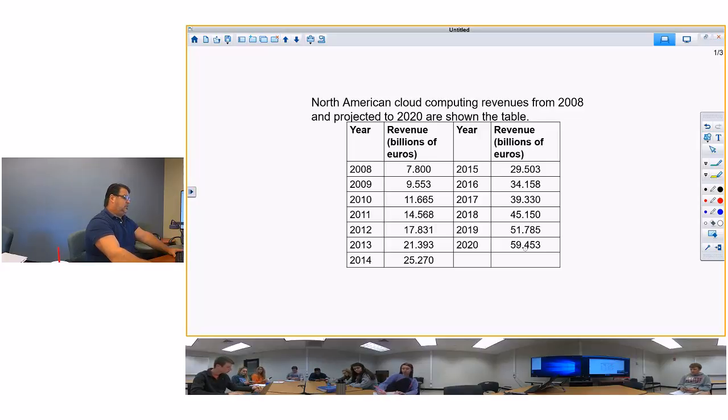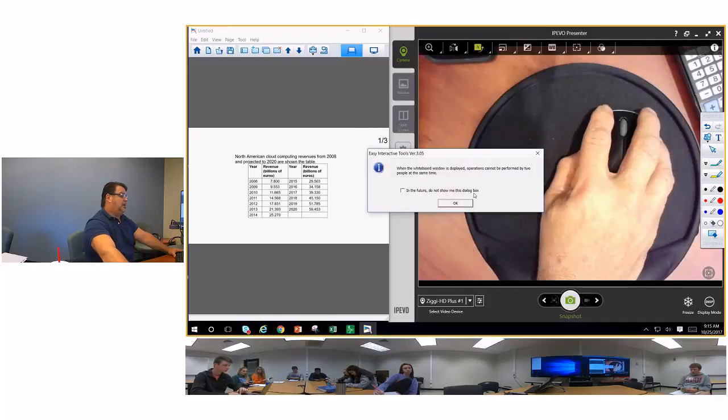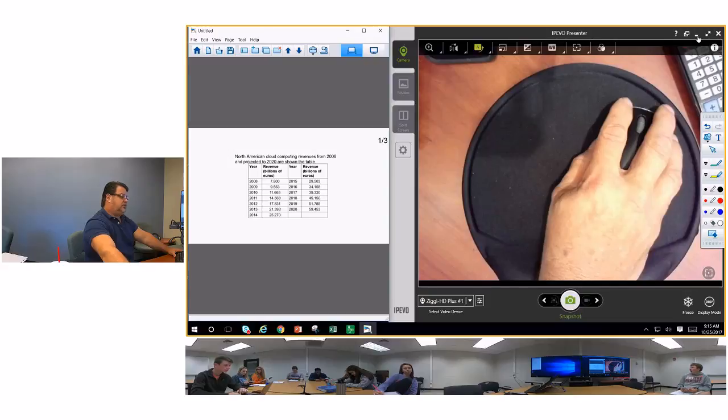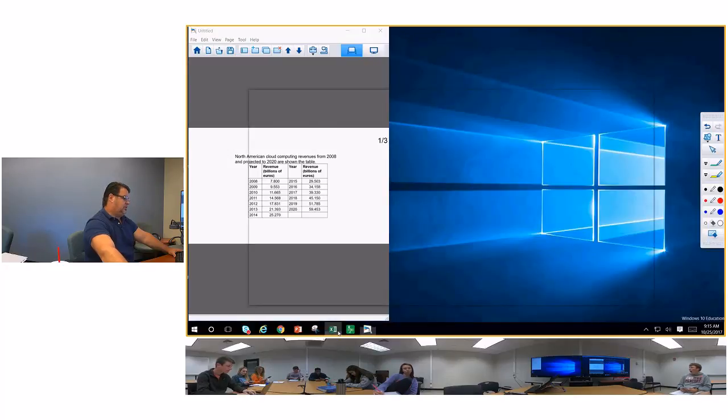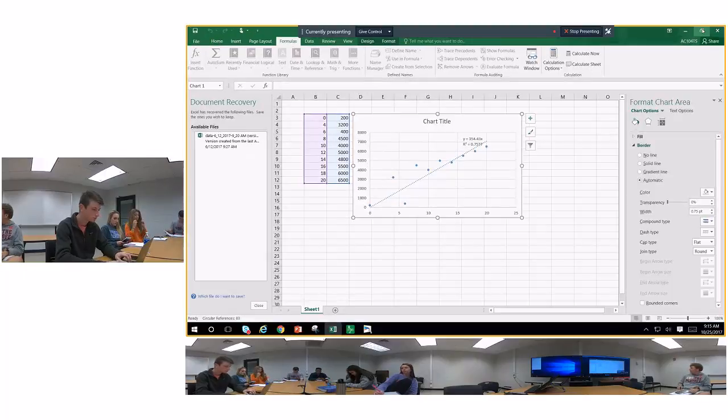Okay, so I'm trying to think how I can do this. I'm going to minimize this, and then I'm going to pull up Excel and minimize it.